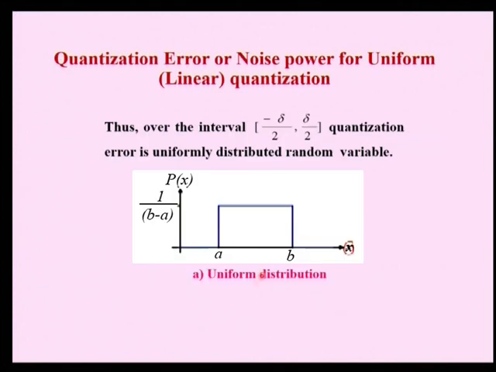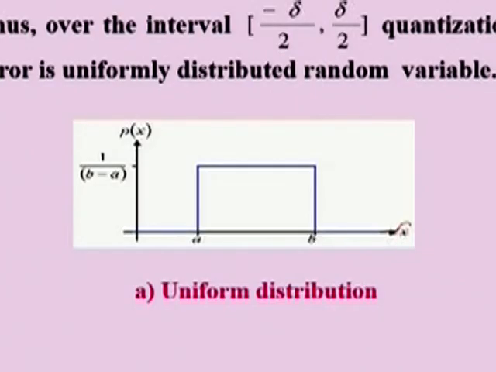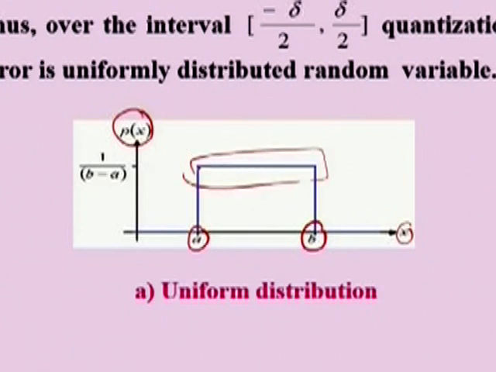If we consider a uniformly distributed random variable x, where p of x is the probability of x, then in the range a to b the value is uniform, that is, it takes a constant value.